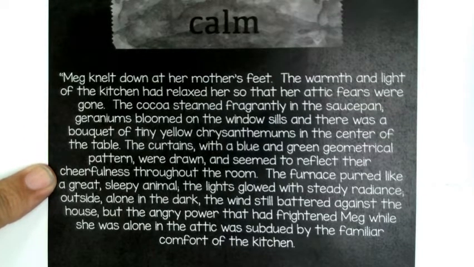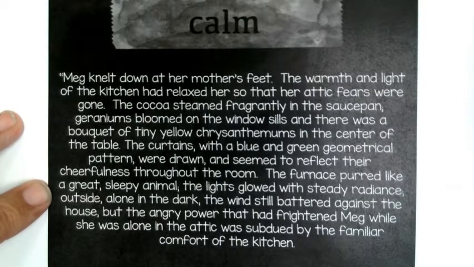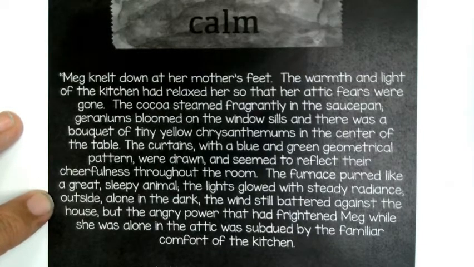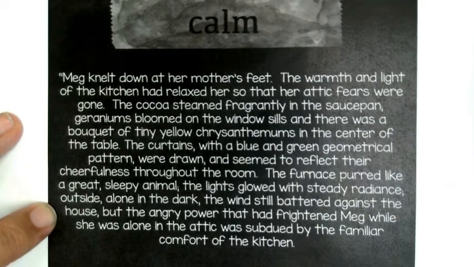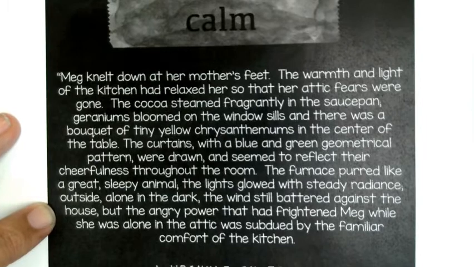The furnace purred like a great sleepy animal. The lights glowed with steady radiance outside. Alone in the dark, the wind still battered against the house, but the angry power that had frightened Meg while she was alone in the attic was subdued by the familiar comfort of the kitchen.